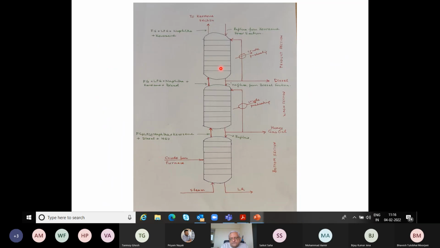So we see from the bottom upwards, the crude coming from the furnace, and it flashes, right? The liquid withdraws and you have steam stripping. Now the vapor from the crude, which contains everything other than atmospheric residue, travels to the top, and part of the heavy gas oil fraction that we are withdrawing is cooled and taken to the top. So this acts like a reflux.